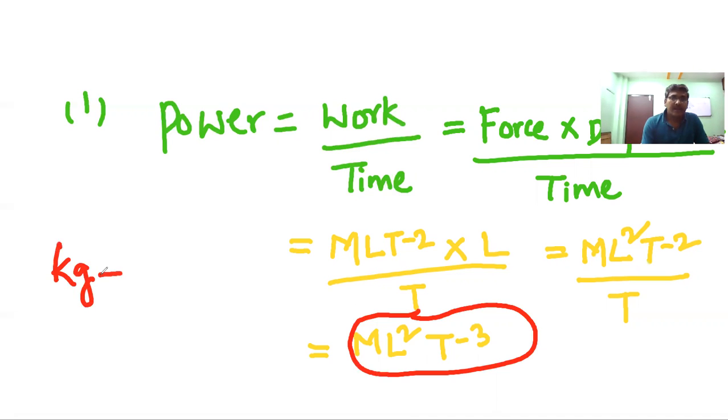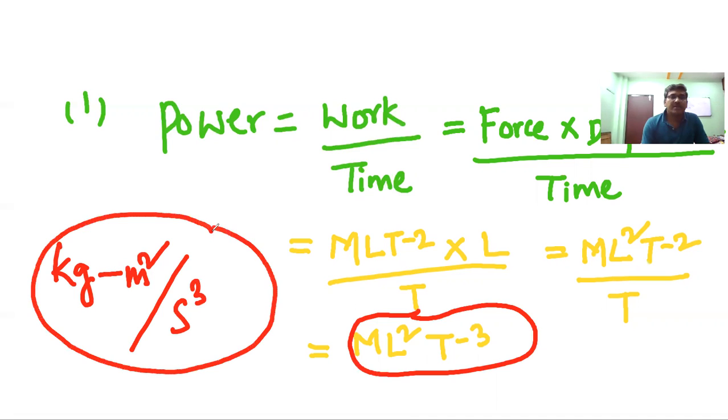L is length, so meter square. And in the denominator, T to the power of 3, so second cube. So this is the unit for the power.